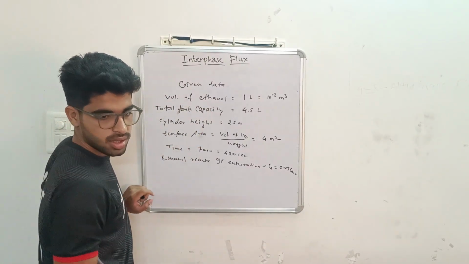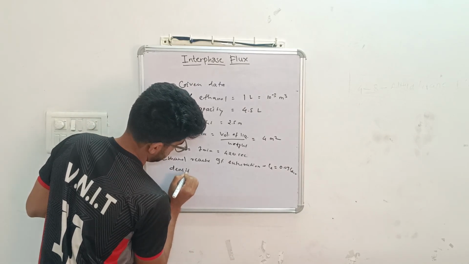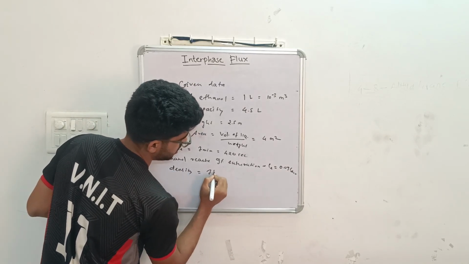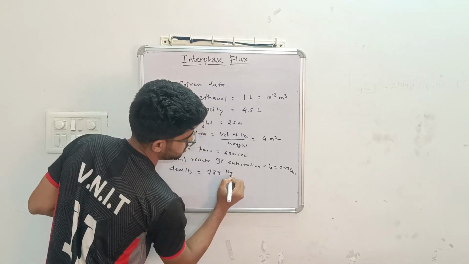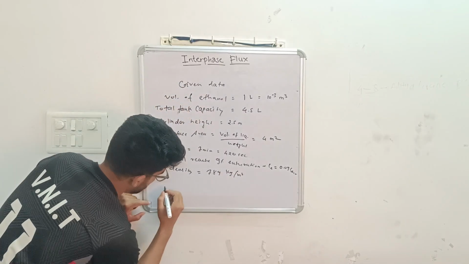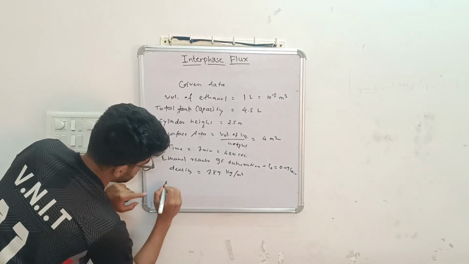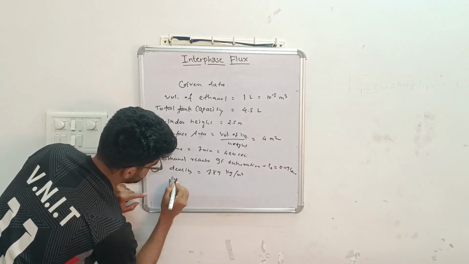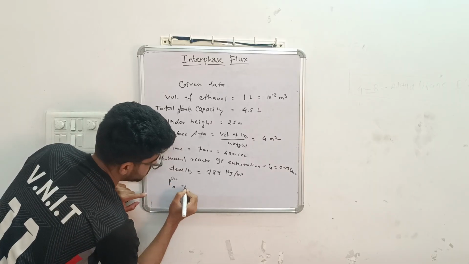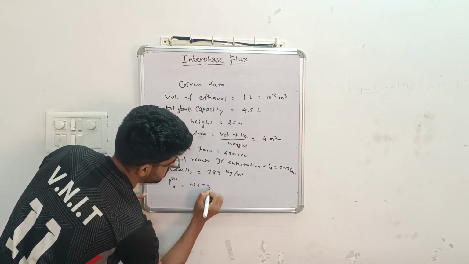And our density is 789 kg per meter cube, and our saturation pressure is given as 43.6 mm of Hg.